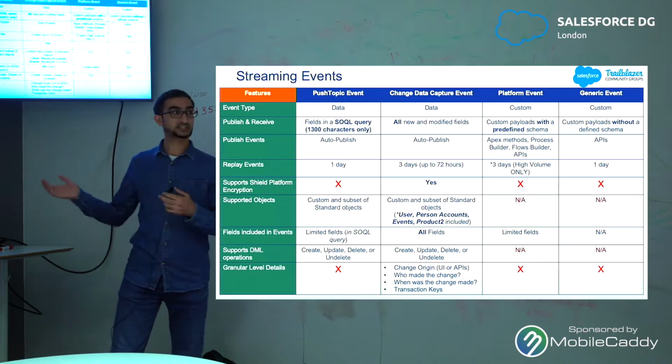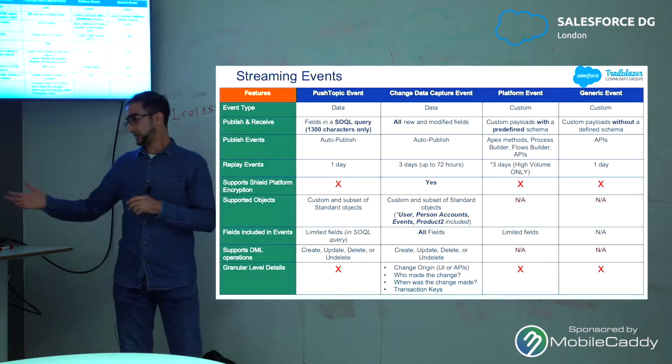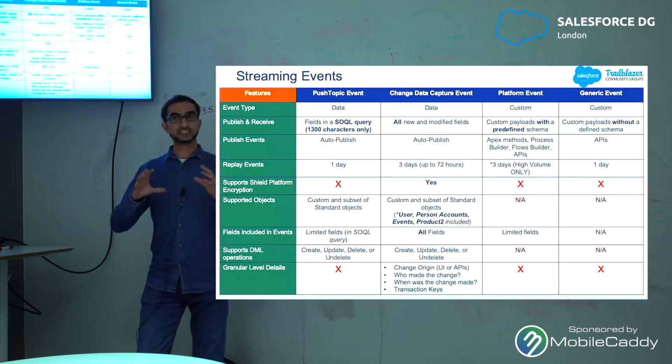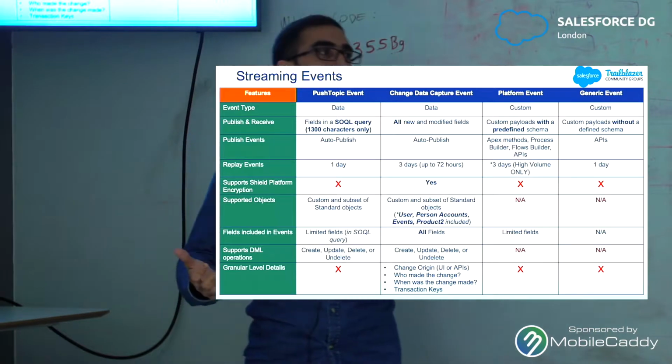This table really shows you the contrast between these different streaming events. You need a push topic event when you are interested in specific fields in a specific custom object with a specific criteria.